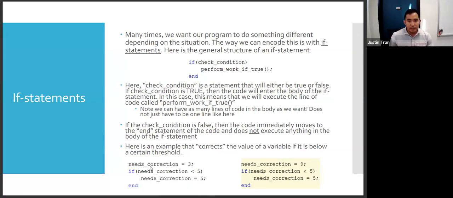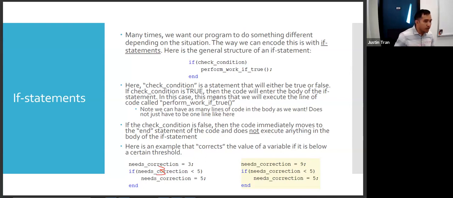The way to read this is that if our variable has a value less than 5, then we go in and correct the value of the variable. If not, then we can leave. For this first code segment, since needs_correction has a value of 3, we're checking to see if 3 is less than 5. 3 is indeed less than 5, so we say this check condition is true.